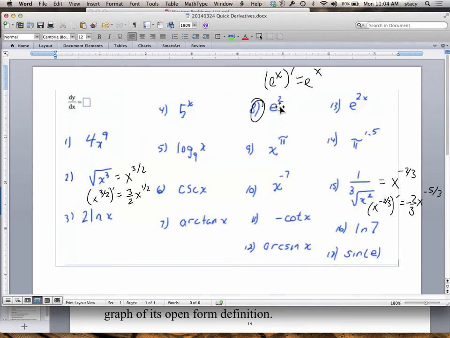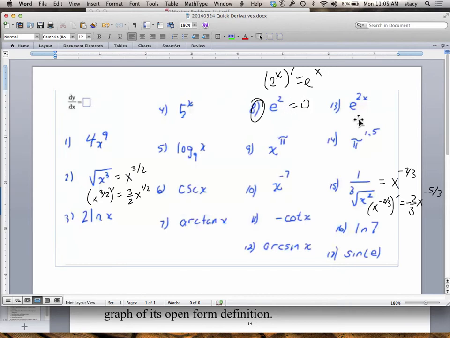E to the x takes in values of x and spits out corresponding values of e to the x. E squared, however, is a number, right? E raised to the second power is just a number. You can type it into your calculator and it'll give you an approximation, okay? So if I want its rate of change, what is that? 0, right? The rate of change of a constant is 0.